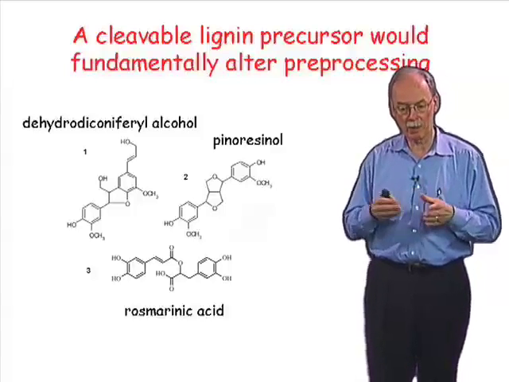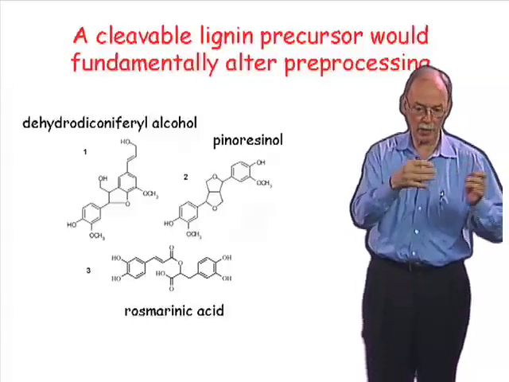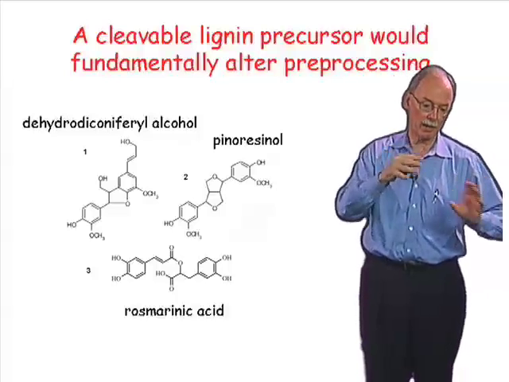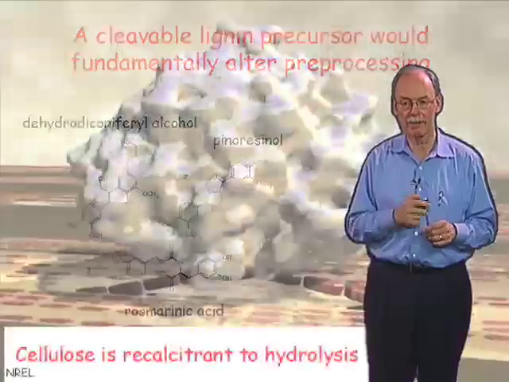And so one possibility is that we may be able to engineer plants to make and secrete rosmarinic acid, and then we get a lignin that's got good properties, but we can remove it under much more benign circumstances.